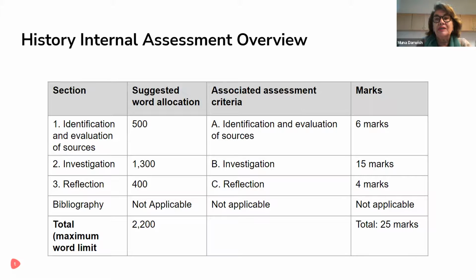The bibliography is not part of the word count, and the word count for the history internal investigation is 2,200 words. The allocation of marks here is 25 for the standard, and for the higher, it's only 20.